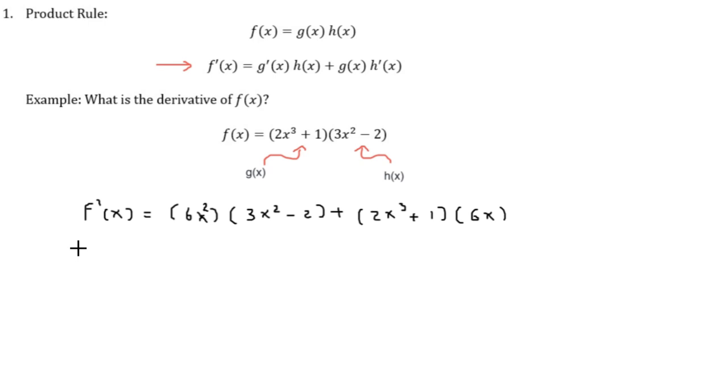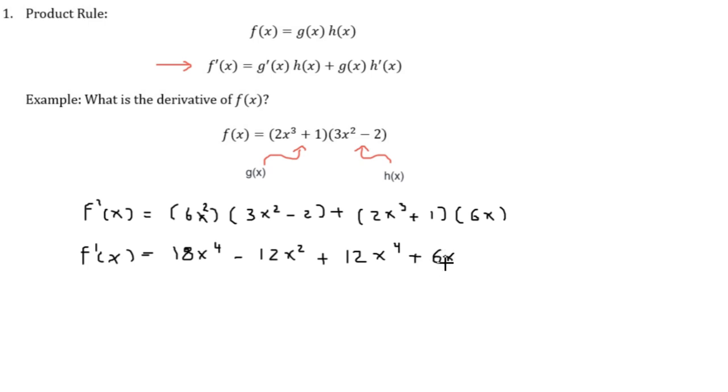So at this point, we have the derivative of f of x, but we can do some algebra to clean it up a little bit more. We're going to have 18x to the fourth power minus 12x squared, and distribute this 6x, and this becomes 12x to the fourth plus 6x.